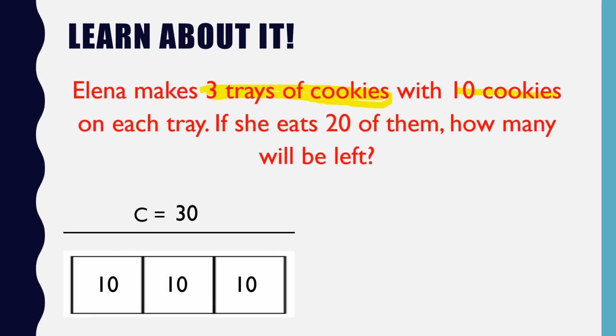They didn't ask us how many total cookies there were, but we needed that information to solve this. So with the 30 cookies, I know I can subtract the 20 cookies because that's what we're doing when we're eating them. We're taking them away. So 30 minus 20, what are we left with? 10.